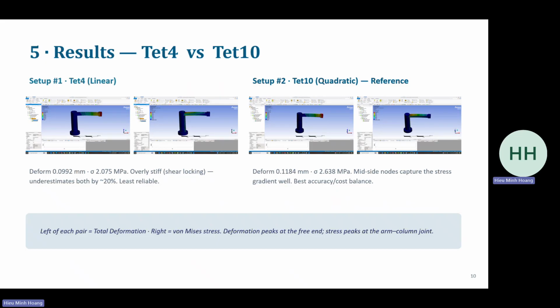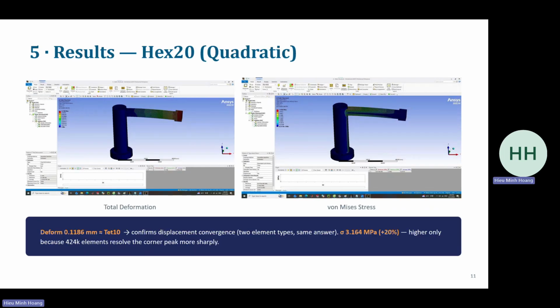Let's check the HEX20 result to confirm our finding. The deformation is 0.1186 millimeter, also the same as TET10. This is important: different element types give the same answer.